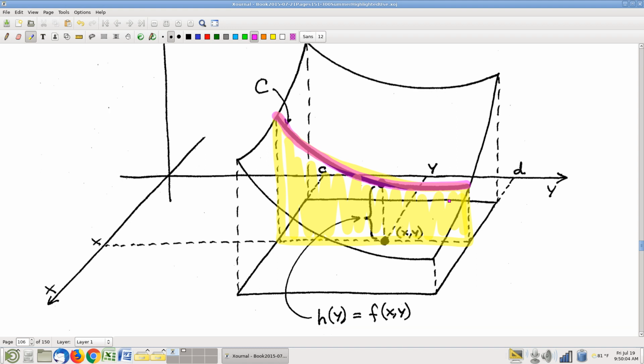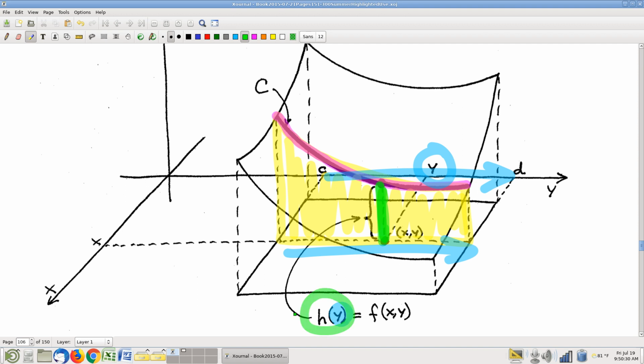We've got to be careful. Integral of what? Well, it's going to be the integral of height. What is height as a function of, as we go along in that direction? Well, it's going to be as a function of y, as y goes from C to D. Height is a function of y.